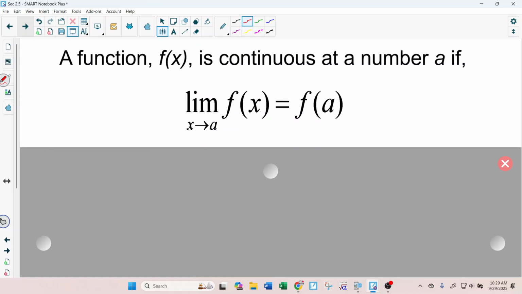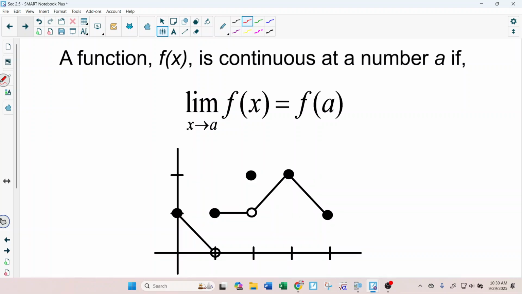That is our definition. A function is continuous at a number a, so that could just be some number, if the limit of f of x as x approaches a is equal to f of a. Or another way to say that, if the limit equals the functional value, it's continuous.